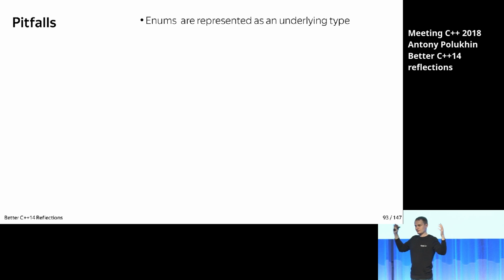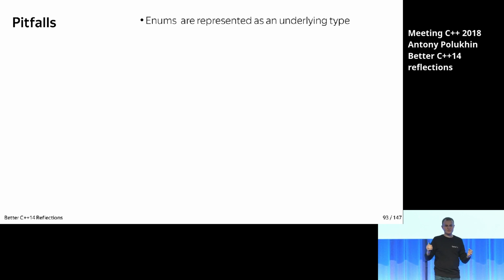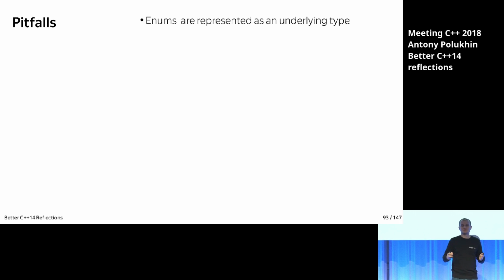User can create its own enum with crazy names, so we cannot just take it and register in that map. And we cannot register that information in the map, well, because stateful metaprogramming in C++ is not really permitted. But we can represent enum as an underlying type. The underlying type is a fundamental type, so we can use it here.